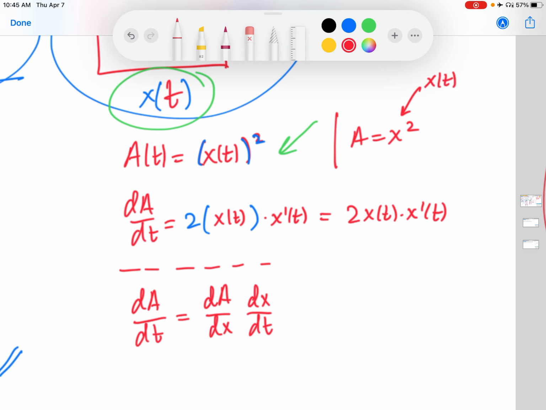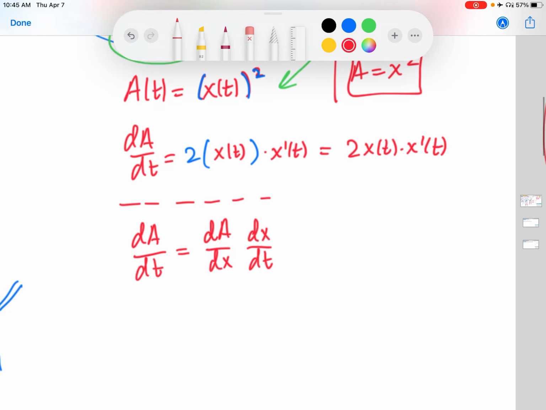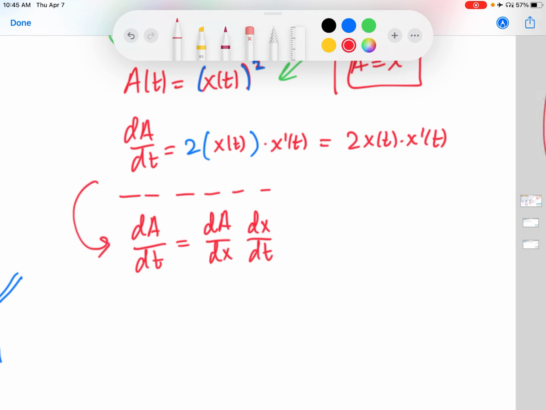In other words, this is an implicit function of t. By that, I mean I don't know the formula. It's not like x of t is t squared or sine t. All I know is that x of t is a function of t. So if you start with this and you recognize that x is a function of t and so is A, then you could apply the chain rule in this Leibniz form.